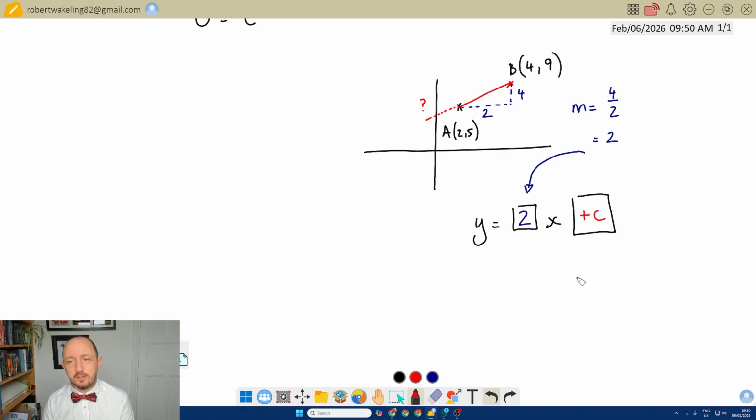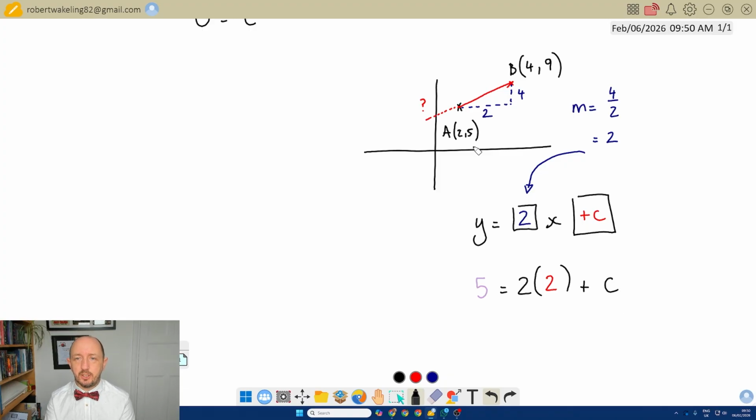I still don't know what this y-intercept is, so I now need to use my coordinates. I'm going to choose the smaller numbers again because it makes my calculations easier. y is 5 equals 2 lots of x, which is 2, plus c.